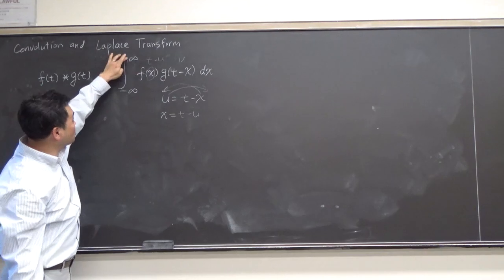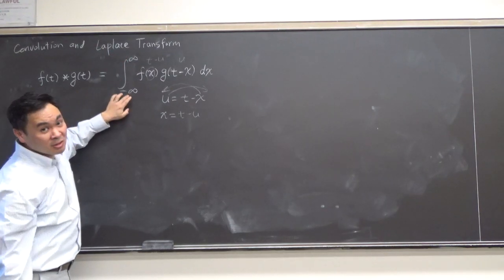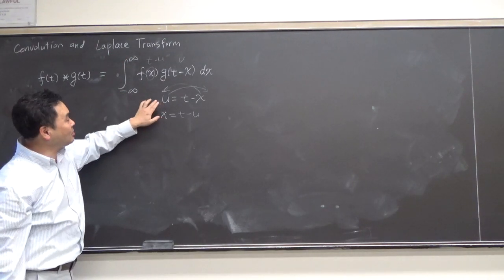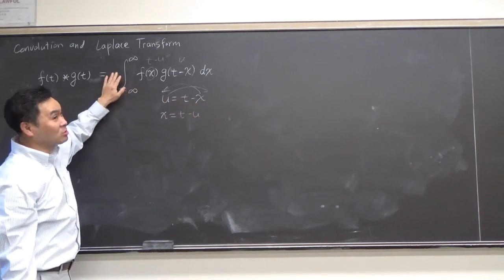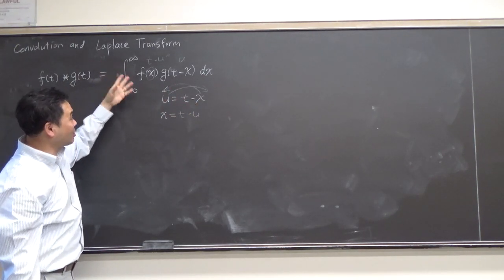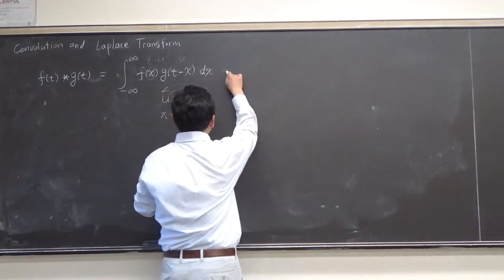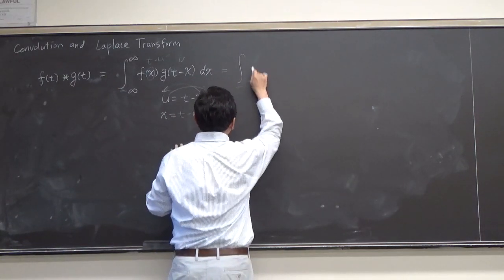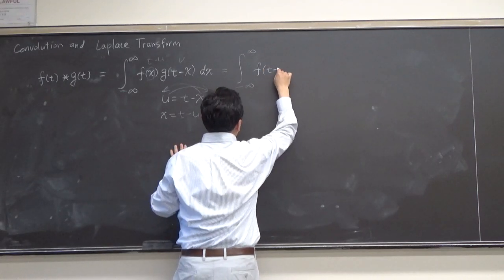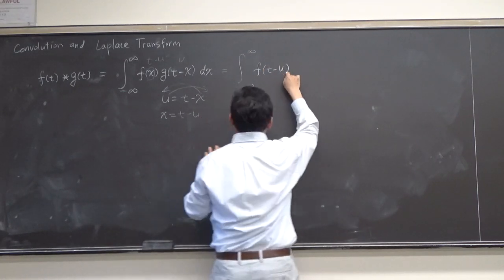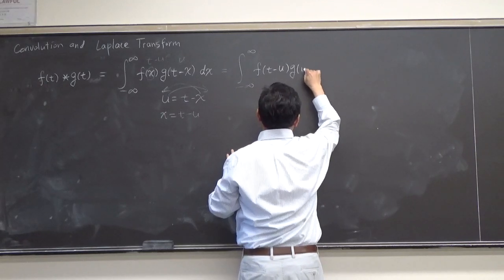But du is negative dx, so there's an extra minus, which can be used to flip the limits back again. So you can prove that this is the same thing as the integral from negative infinity to infinity of f of t minus u times g of u du.